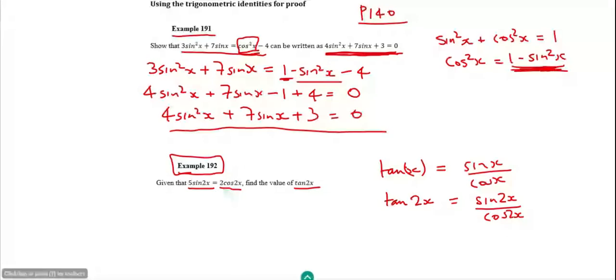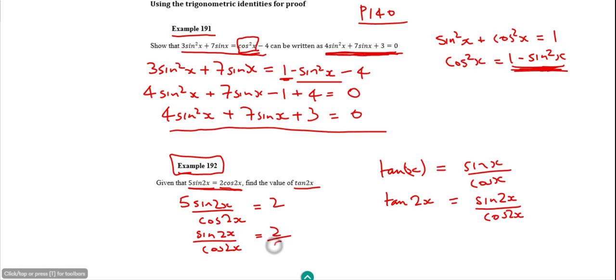So what I'm going to do is take our equation here and divide both sides by cos 2x, which means we'll end up with 5 sine 2x over cos 2x equal to 2. I can then divide through by the 5, and I've got sine 2x over cos 2x equals 2/5.